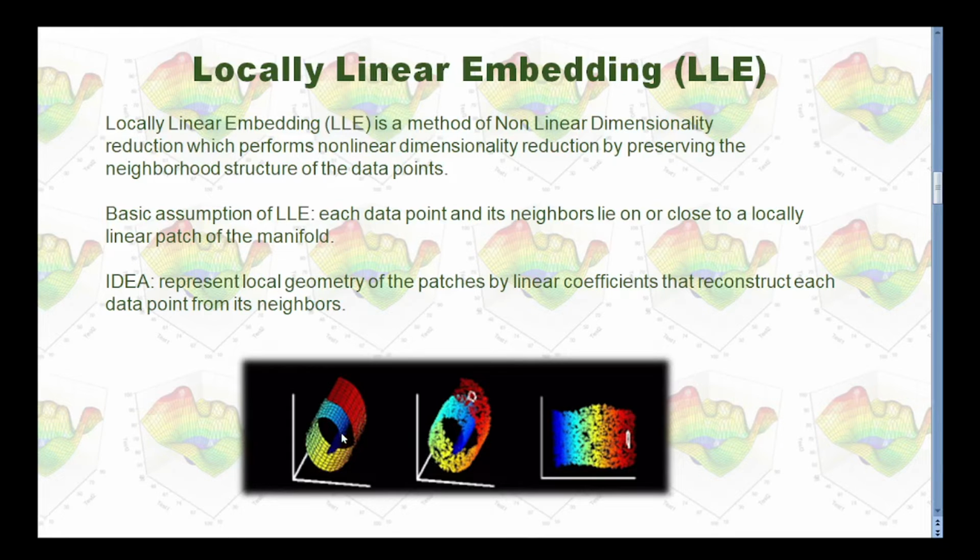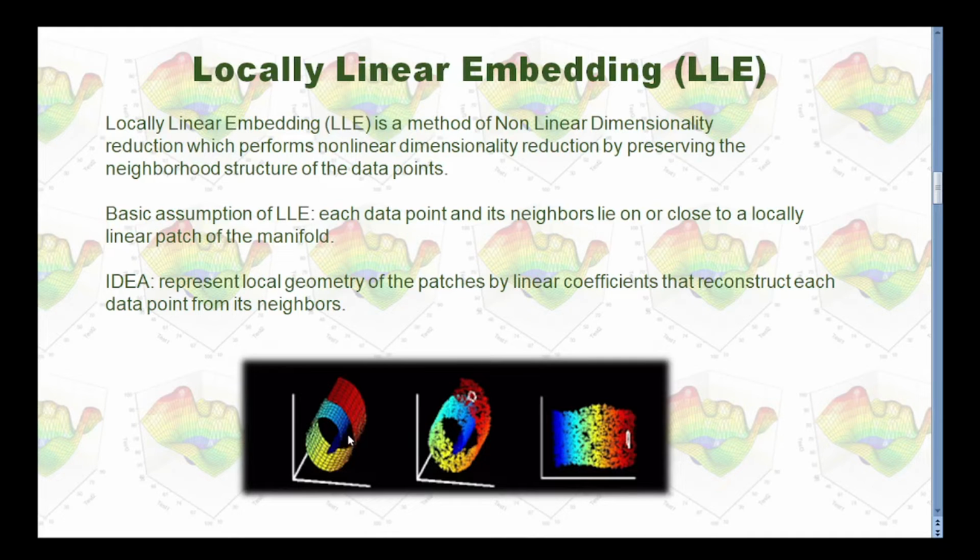Let's take a look at this Swiss roll. If we want to reconstruct this three-dimensional image as a two-dimensional image, we can't say this point is similar to this point just because they are closer in space. If we look at this image, there's no way we can jump from this point to this point because there's a gap here.